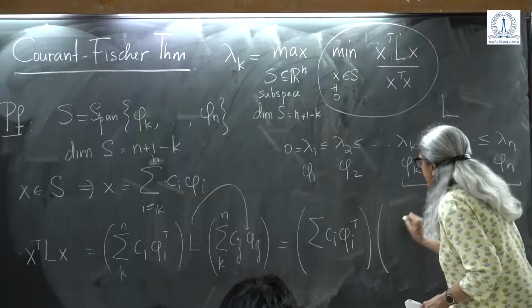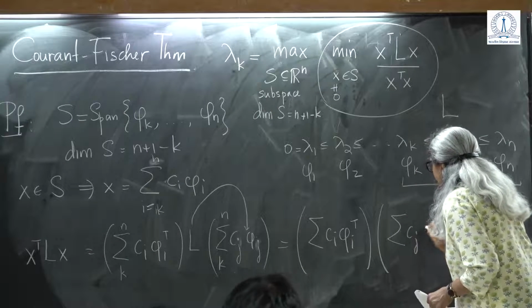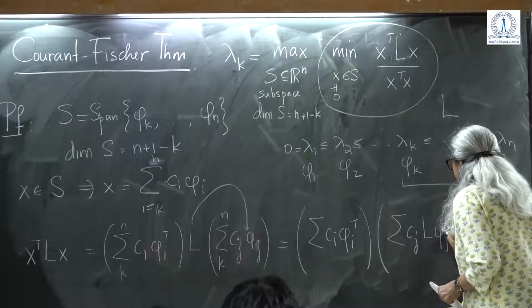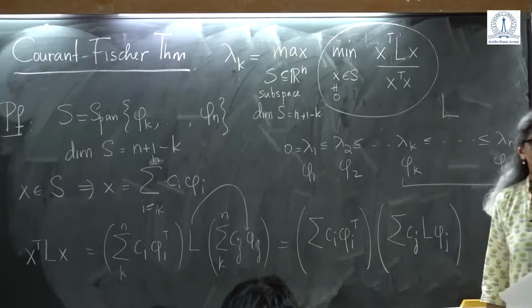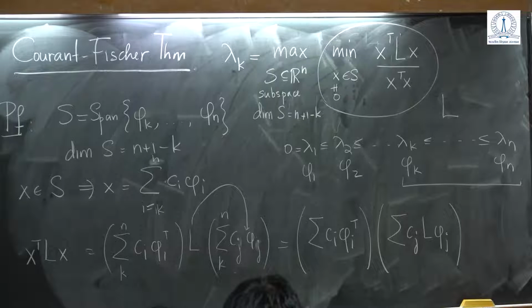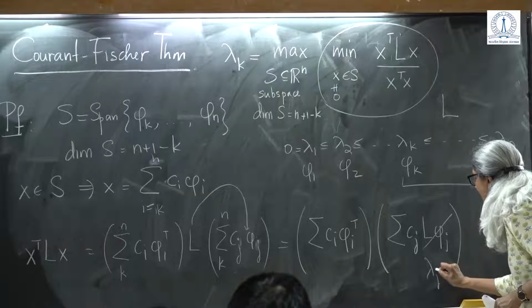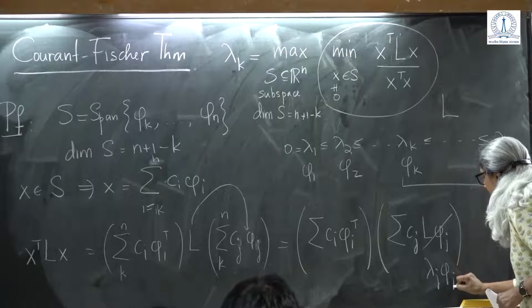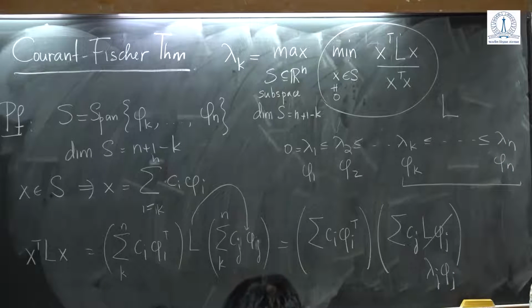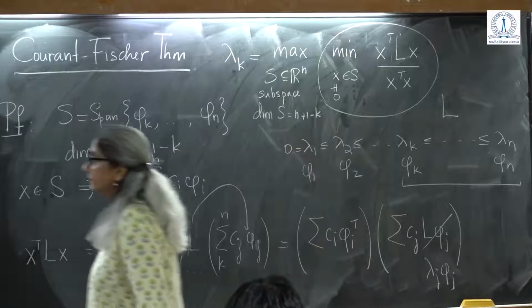The next part is going to be the sum of Cj, and then L phi j, and j goes from k to n, right? And now L phi j is the same thing as lambda j phi j. So I can replace L phi j with lambda j phi j, right? Because it's an eigenvector with an eigenvalue. Good? Okay, so then this calculation, let's take it over here.